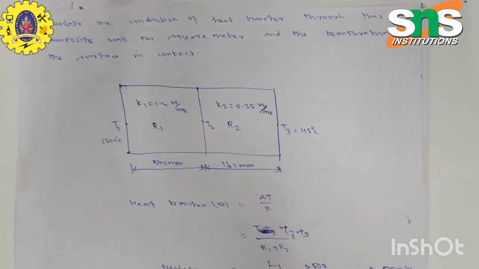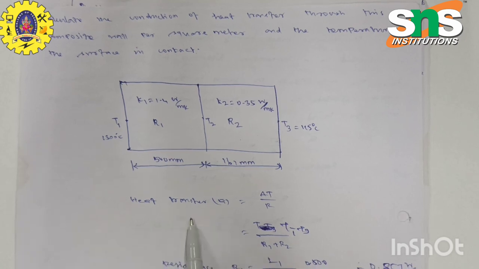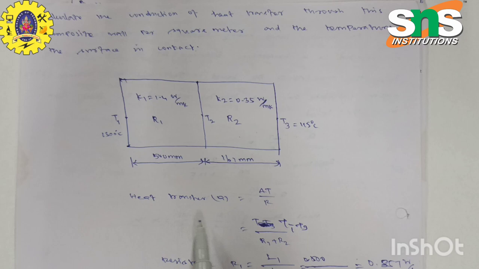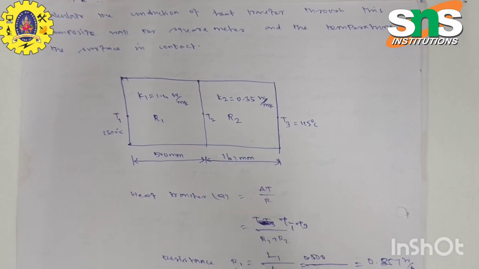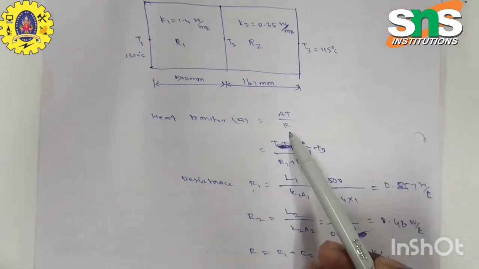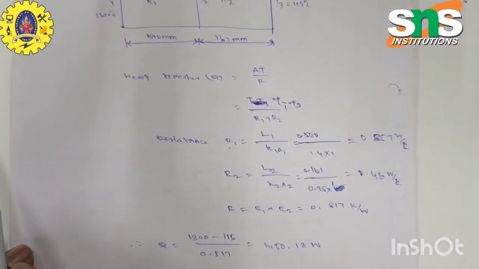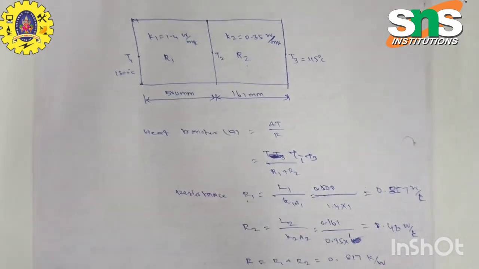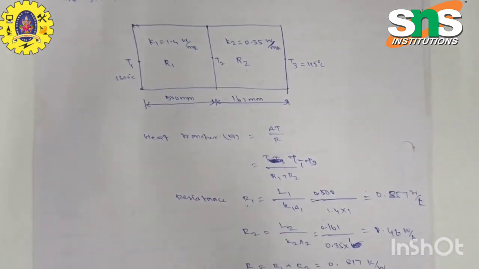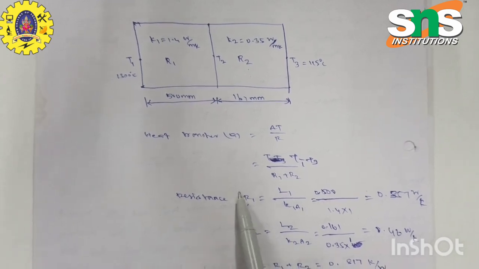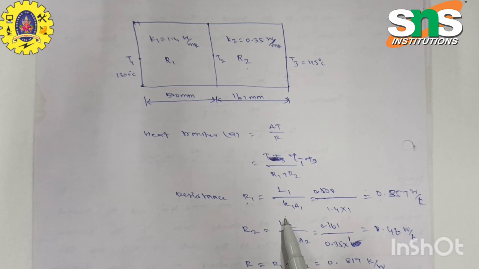In previous videos we already discussed that the heat transfer equation is Q equal to del T by R. Here del T is the temperature difference and R is the resistance. R indicates the resistance of both slabs, R1 and R2, and we know that the formula of resistance is R equal to L by KA.